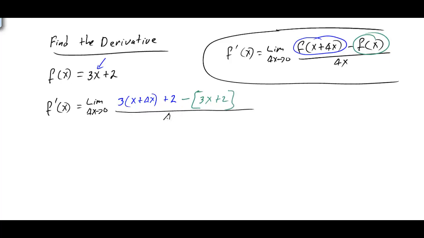Divided by delta x. And make sure here that you include the brackets at the top, 3x plus 2, because this negative will have to be distributed to everything.